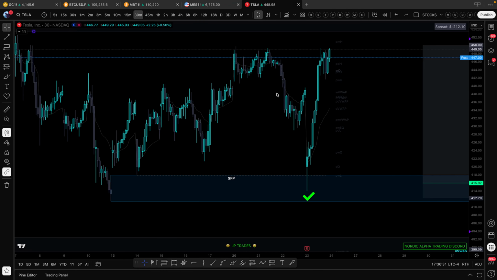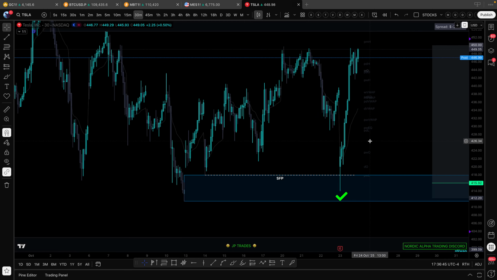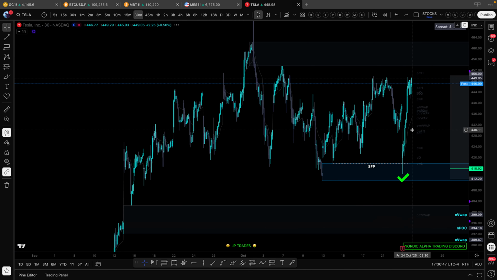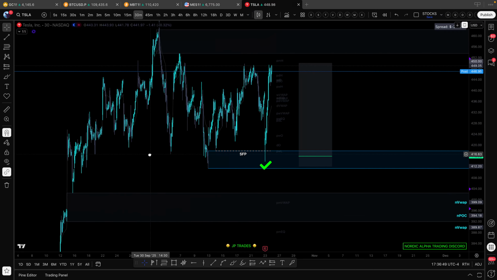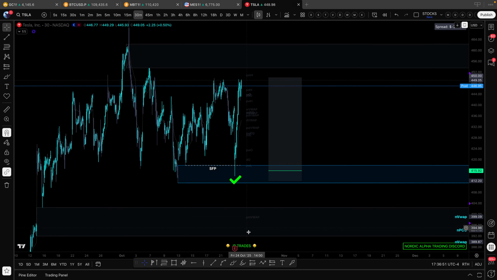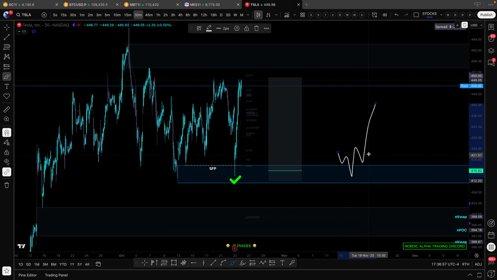I had a question from Pudgy Penguin, I believe it was, about this Tesla trade. He was asking, did I enter in on the 30-minute? And basically, how do I enter in these trades? When I have all these levels on my chart and you see me make these little doodles like this, it means something.